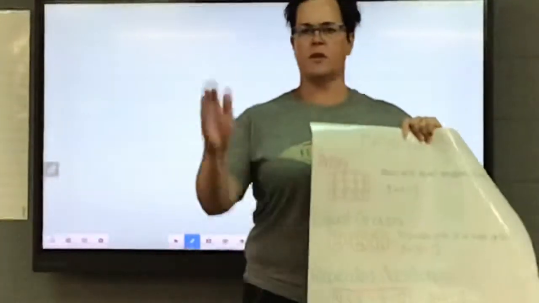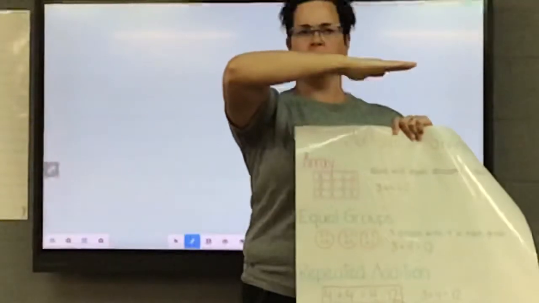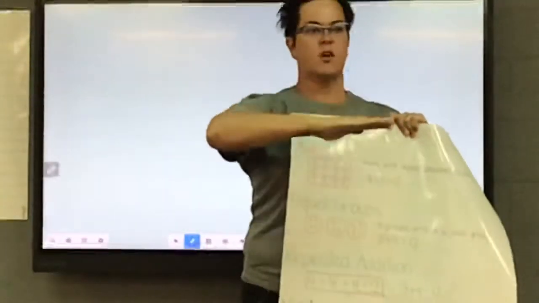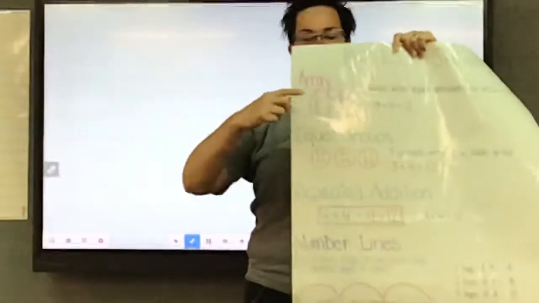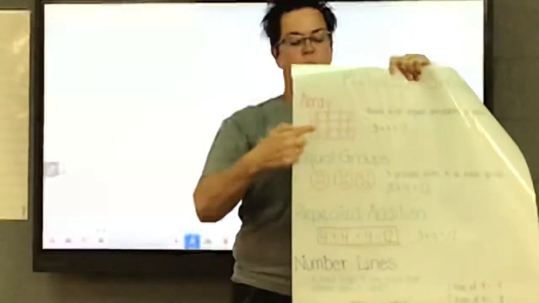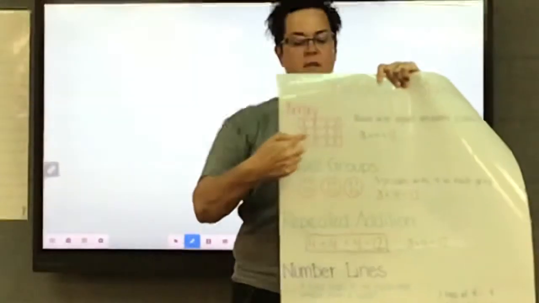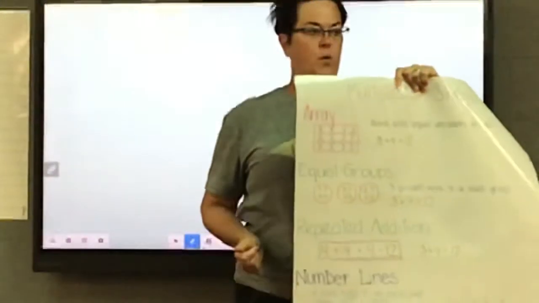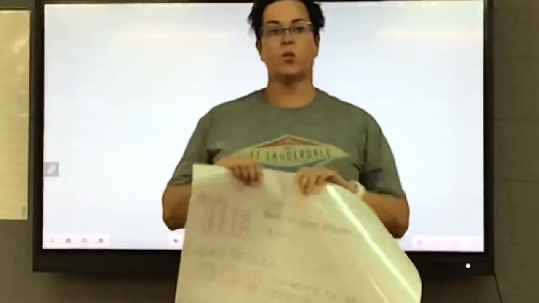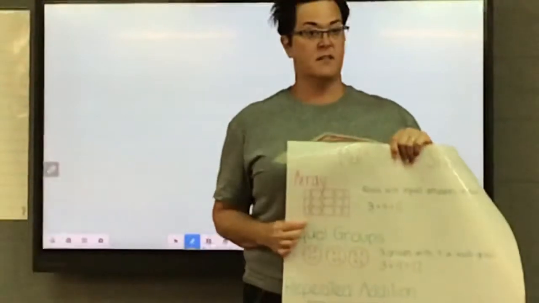Which way do rows go? This way or this way? Right, this way. These are our rows. So this array is 3 times 4.